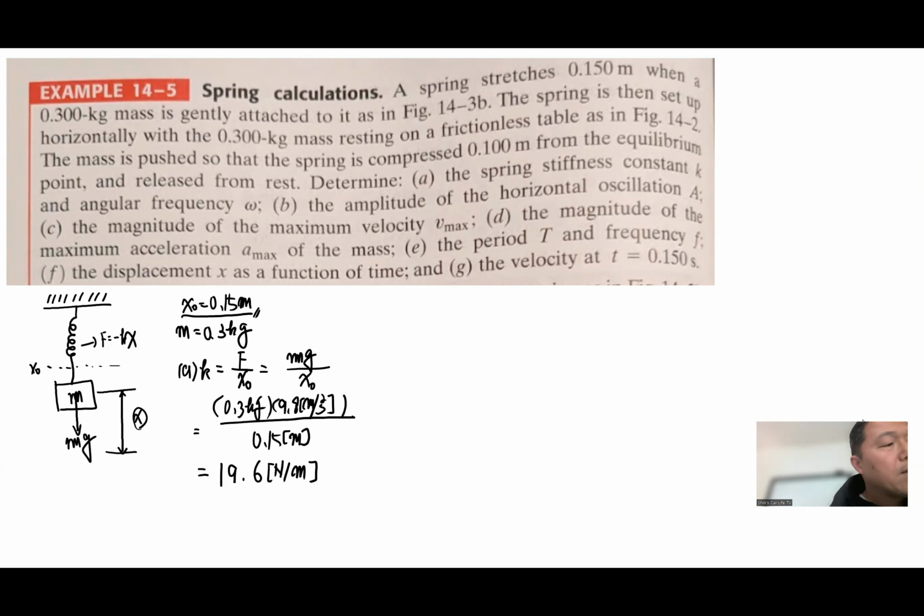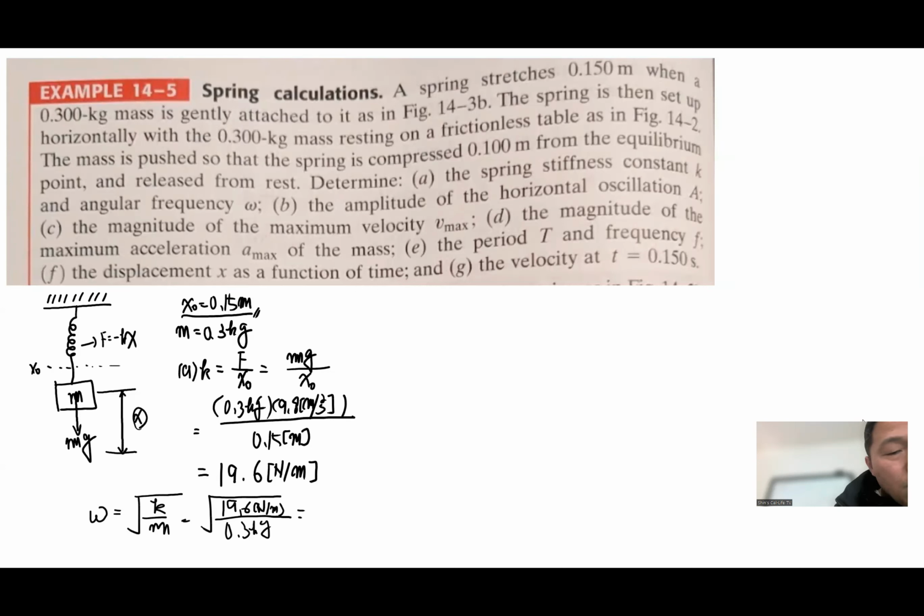Using that k and mass m, you can find angular frequency omega, or angular velocity omega, which is the square root of k over m. So plug that k value into this square root: 19.6 Newton per meter, and m is 0.3 kilogram.